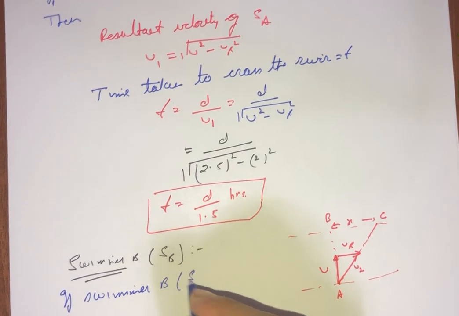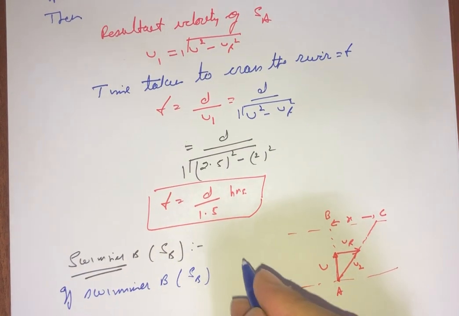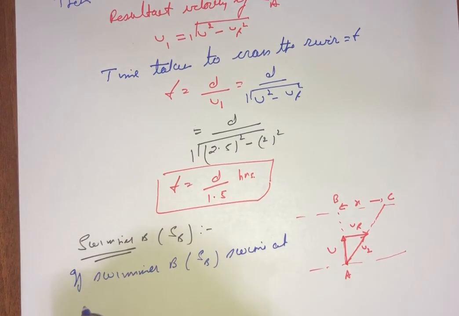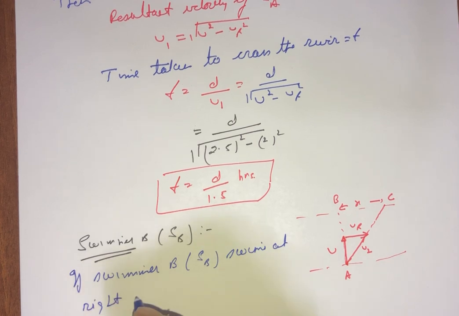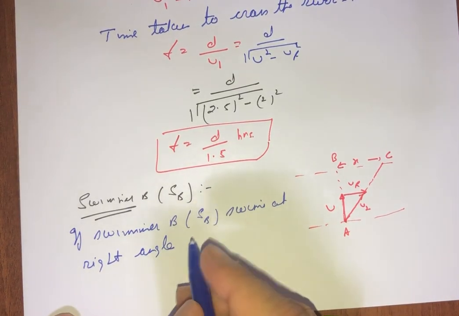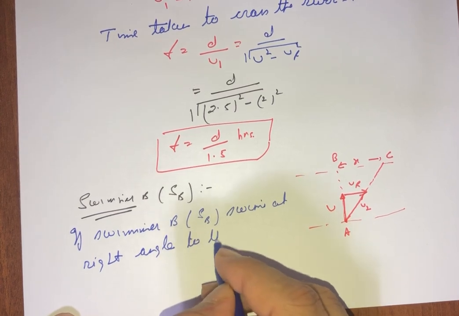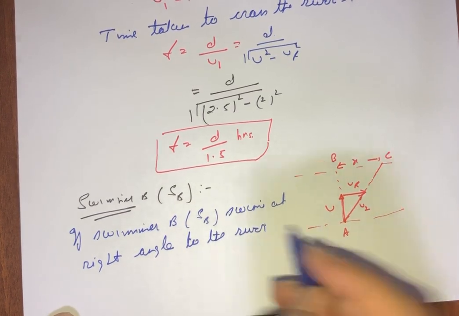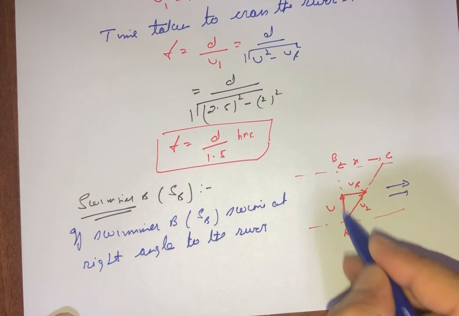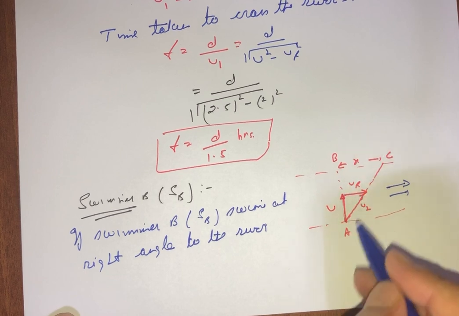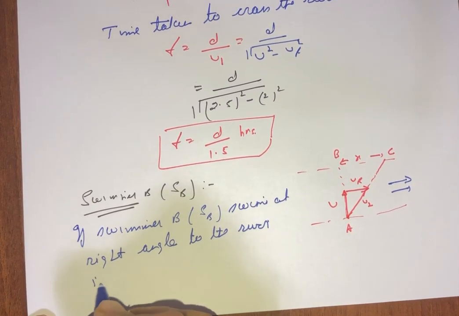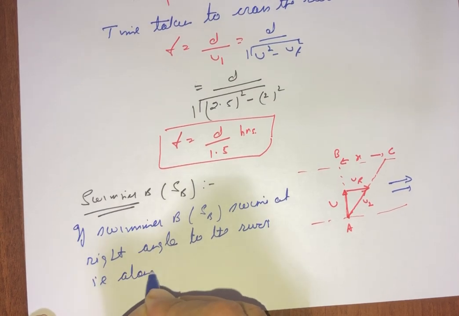Okay, so we can write this here, that if swimmer B, that is SB, swims at a right angle to the river. Okay, so the river is flowing in this direction, and it is swimming at right angles towards point B, that is along AB.